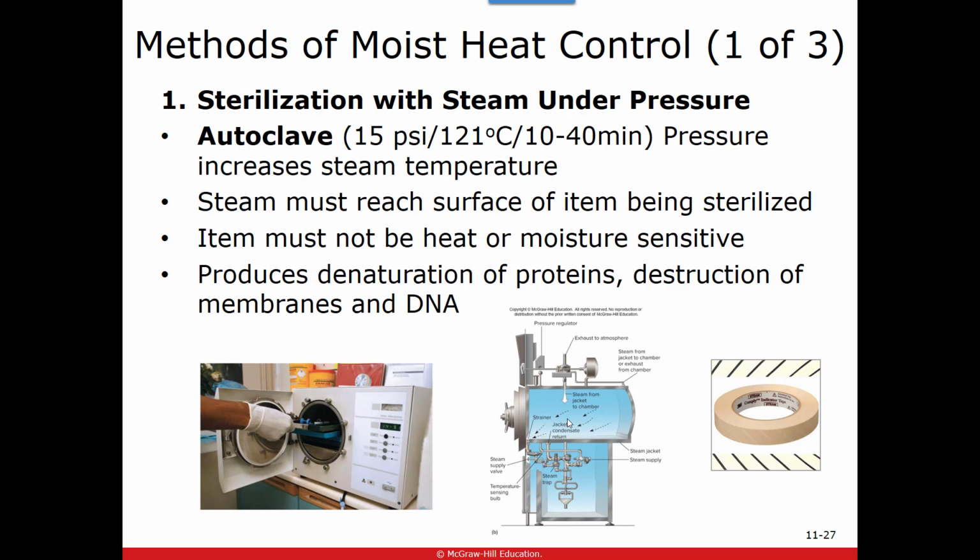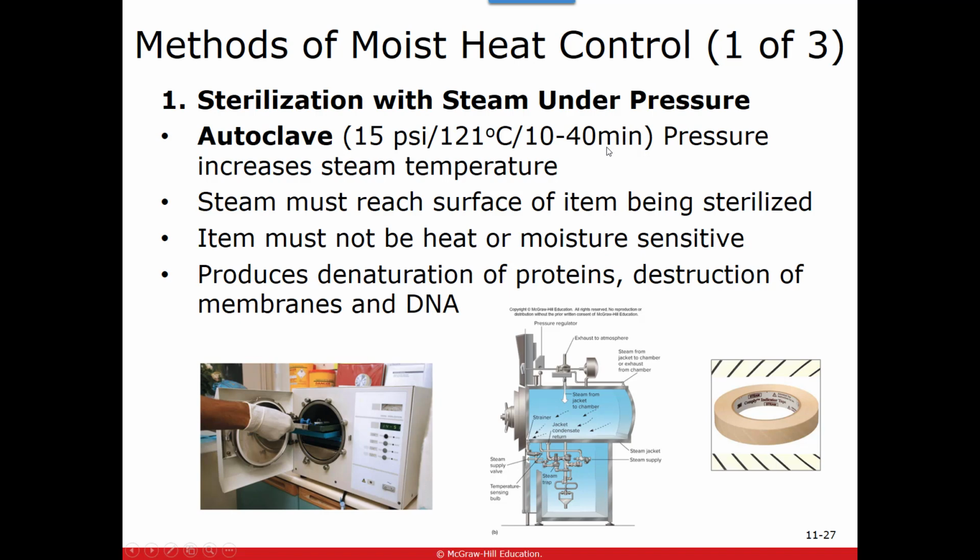Here's a little tabletop one, but we've got really big autoclaves that we can put moisture in, increase the heat, increase pressure to 15 psi. And as long as we can get whatever we put inside up to the 15 psi to maintain 121 degrees Celsius for between 10 and 40 minutes, depending on what we're trying to kill, we'll sterilize various objects. So we use autoclaves quite often.